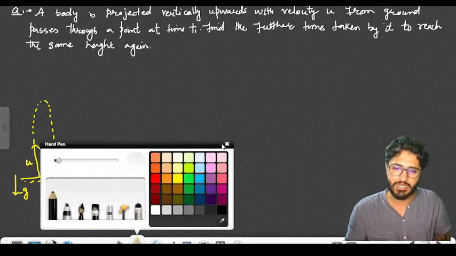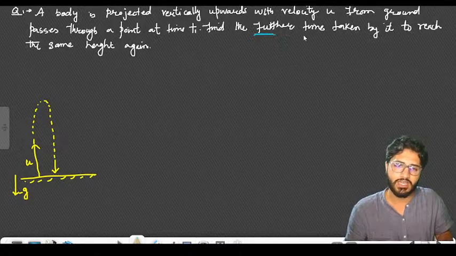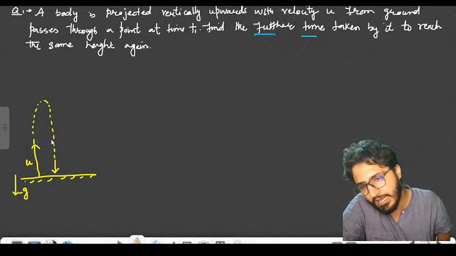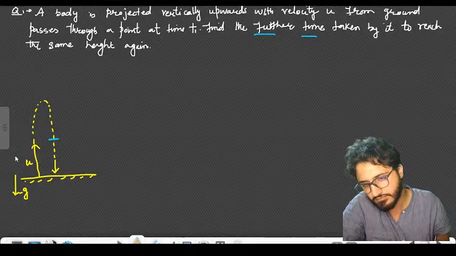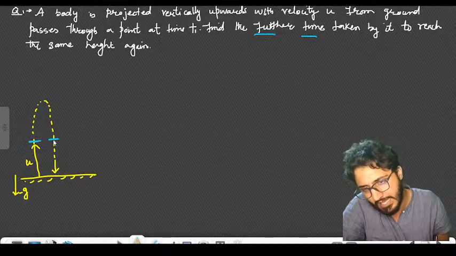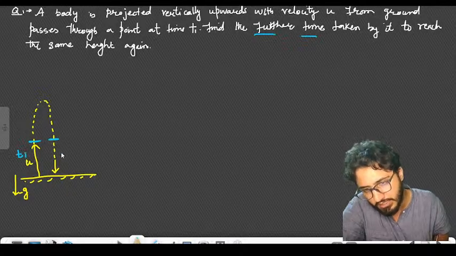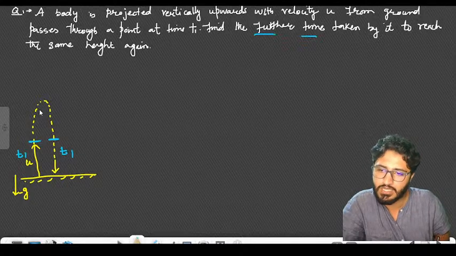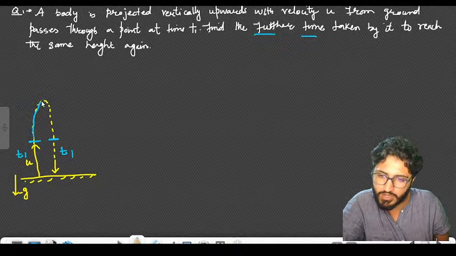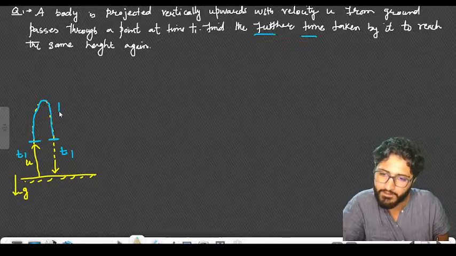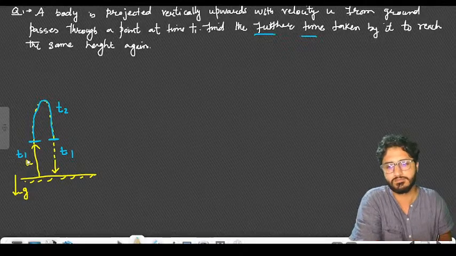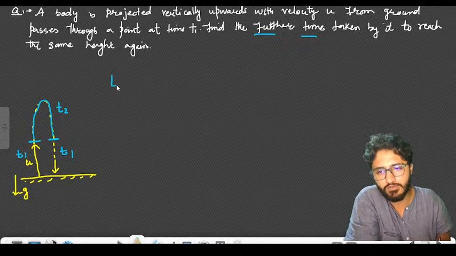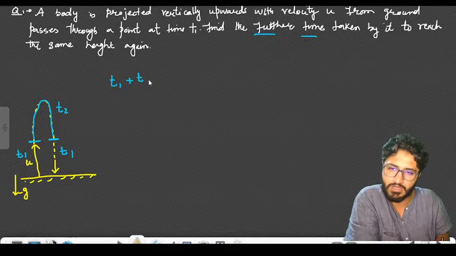Now, it states to find the further time taken by it to reach. That means it will go up, and up to a certain time it is here. These are the same height. If it takes t1 time to reach this height, it should take t1 time to reach this height on the way down. Now let us suppose it crosses this one by t2 time. So t1 plus t1 plus t2 is equal to the time of flight.